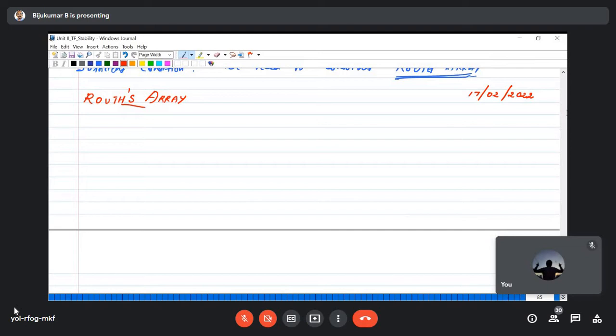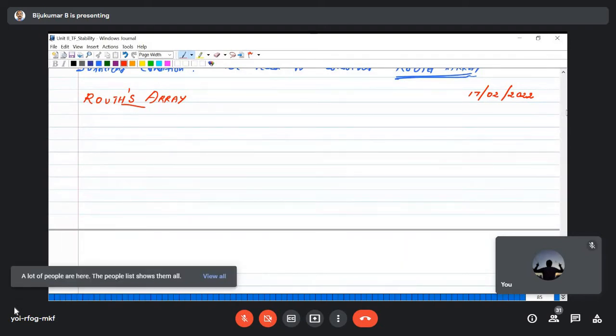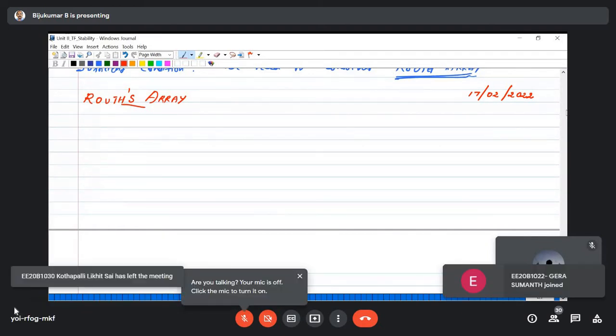According to the Hurwitz polynomial, all the coefficients of a polynomial should be non-zero, and the sign should also be the same. In such a case, all the poles will lie on the left half, the LHP, of the s-plane, right?